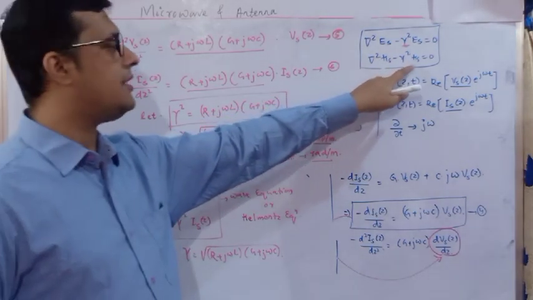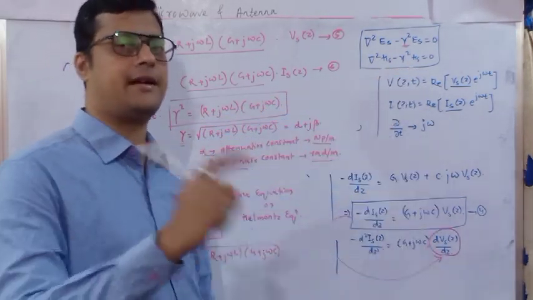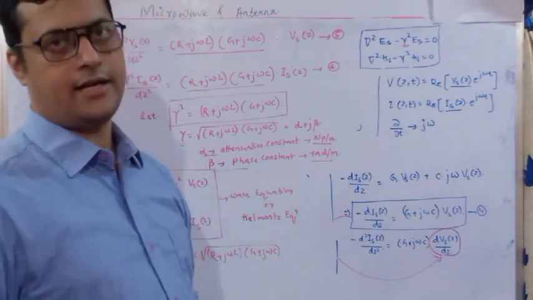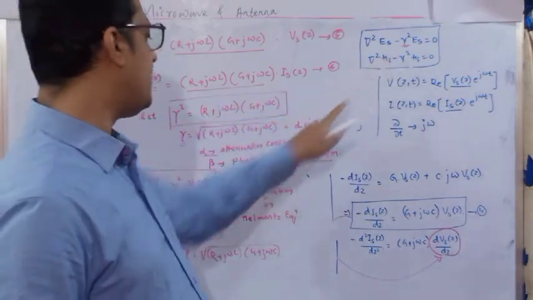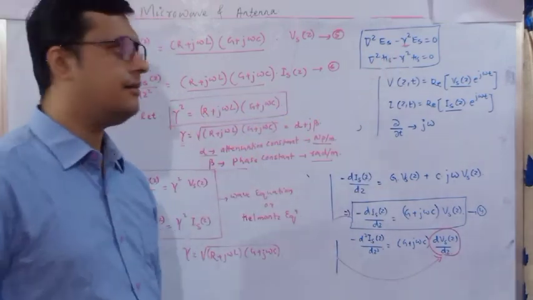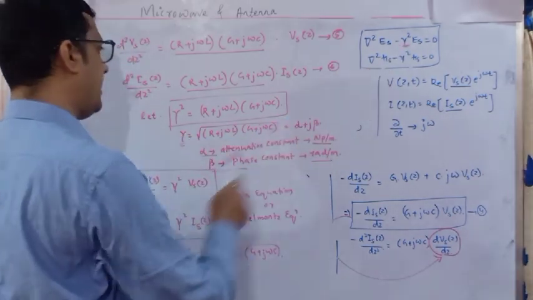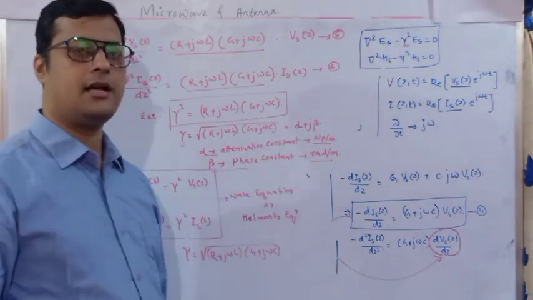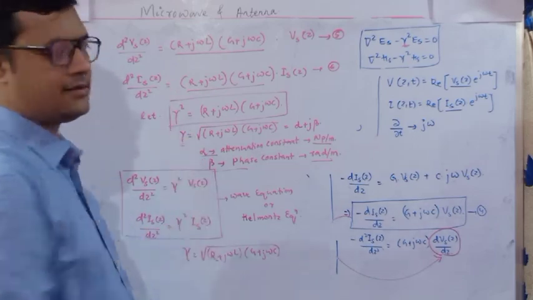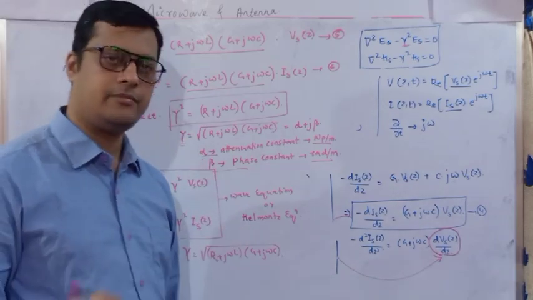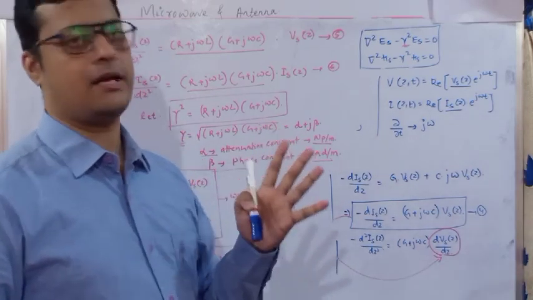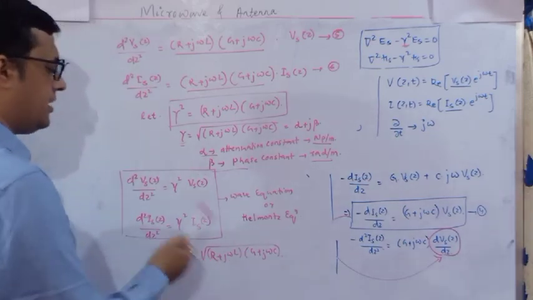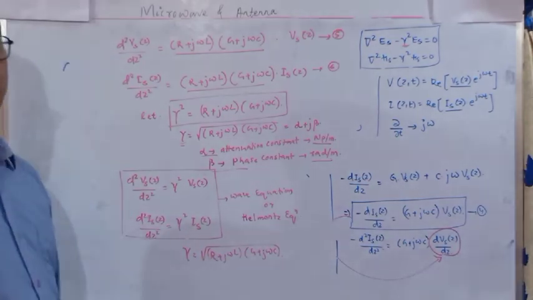That means magnetic field is related with current, electric field is related with potential. And what is the common thing? Gamma square. Gamma indicates the propagation constant. Propagation constant depends upon the RLGC parameters, R plus j omega L and G plus j omega C.